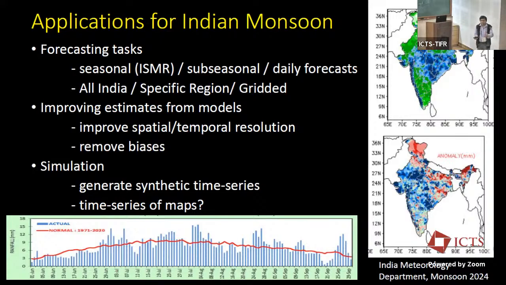I will train the model in such a way that my inputs will be the estimates obtained from those models, and the outputs which I will specify are the actual observations over the entire region for that particular time. So the model will basically learn to represent a function which maps the biased inputs to the unbiased outputs. So that is another approach.